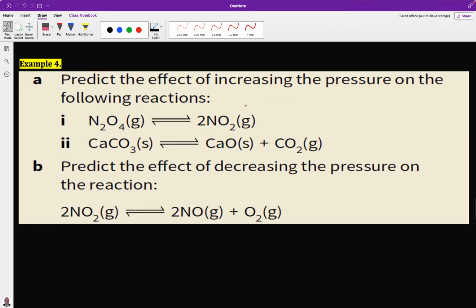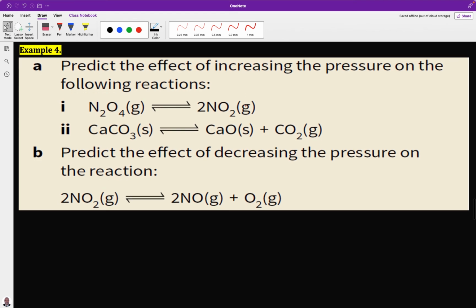Now, question number 4. Predict the effect of increasing the pressure on the following reaction. We have a reaction here, which is N2O4 to give NO2.